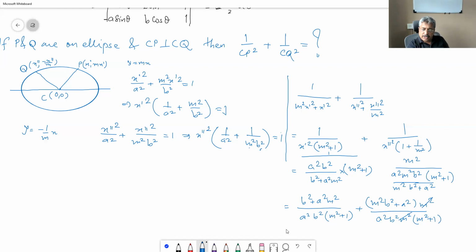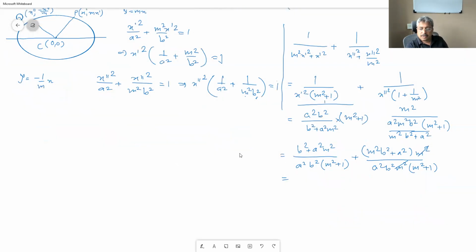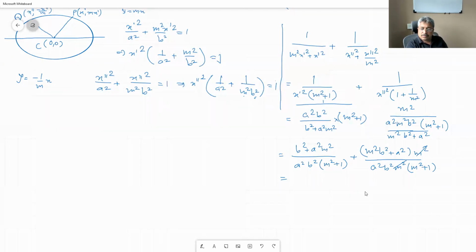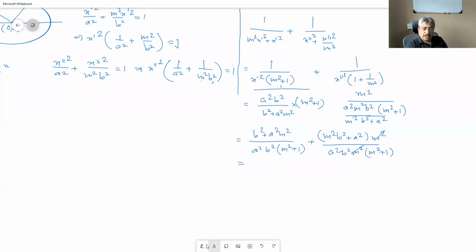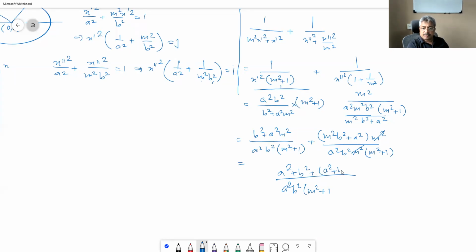And hence you end up getting 1 upon a square b square into m square plus 1 in the denominator, and numerator is a square plus b square, inside bracket a square plus b square, into m square plus m square, correct? And therefore you end up getting a square plus b square upon a square b square.